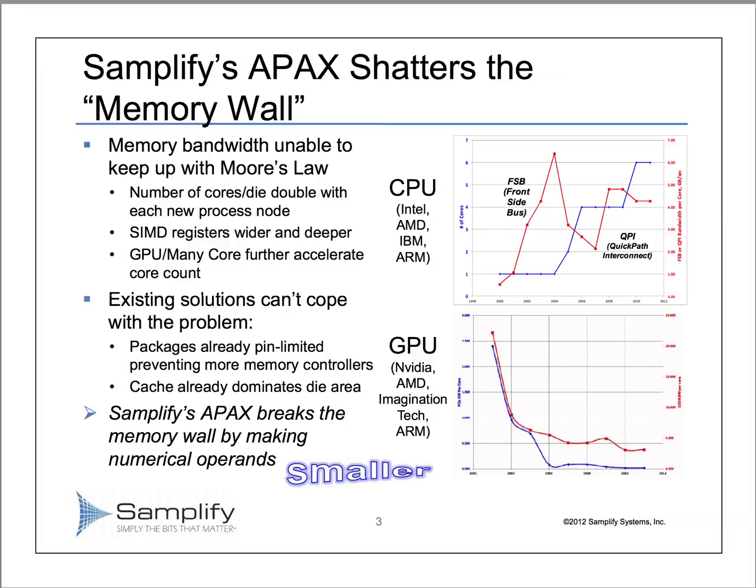What Samplify's APAX technology does is solve the memory wall problem in a different way by making the numerical operands used in these calculations smaller. And we'll describe what we mean by that.